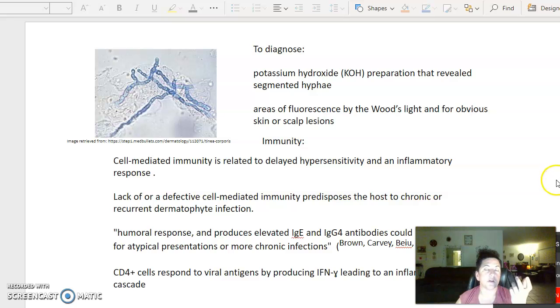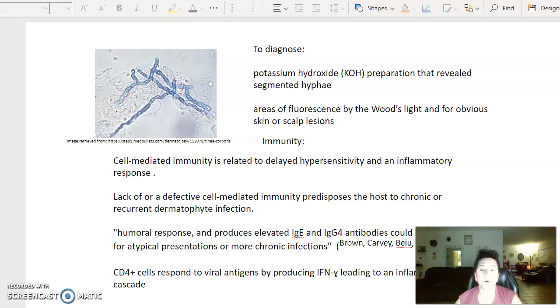How does this work as far as our immunity goes? We would have a cell-mediated response, which is correlated to a delayed hypersensitivity and an inflammatory response. A lack of or defective cell-mediated immunity predisposes the host to chronic or recurrent dermatophyte infection. So we are finding that this is an opportunistic infection in those who are immunosuppressed.